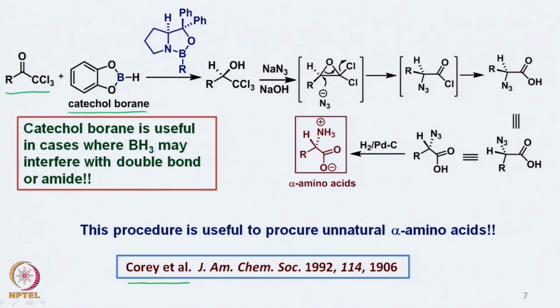So we can also change this path, like for example catechol borane is useful in cases where BH3 may be interfering with the double bond or amide. For example, if there are extra hydrogens attached after the ligand has coordinated with the borane path, then those extra hydrogens, for example in the case of BH3, would also affect some other part of the molecule.